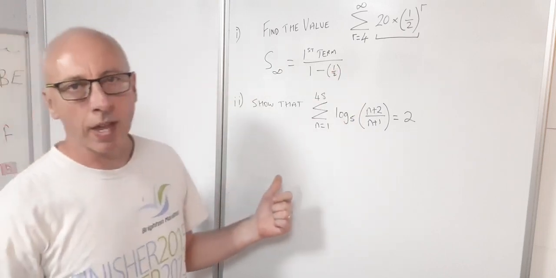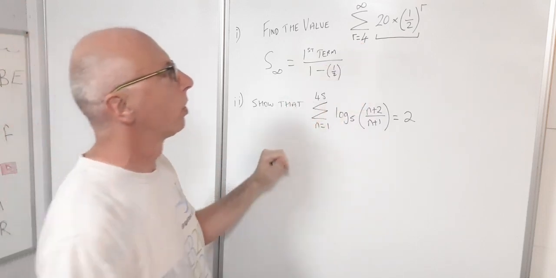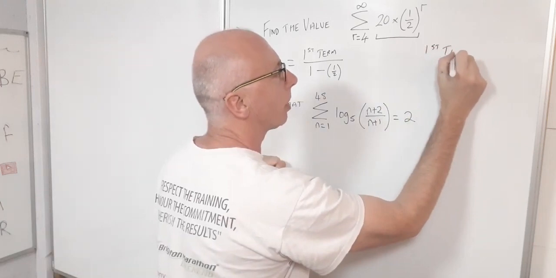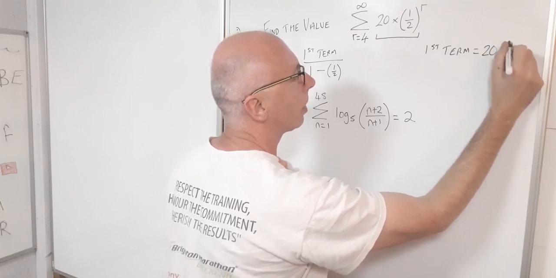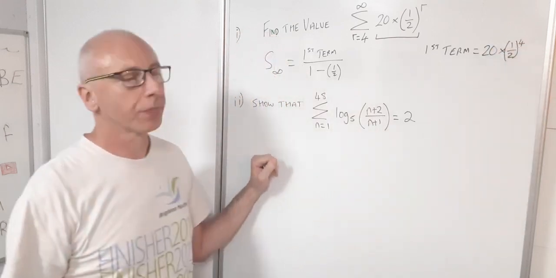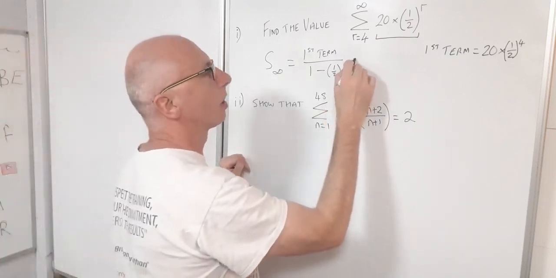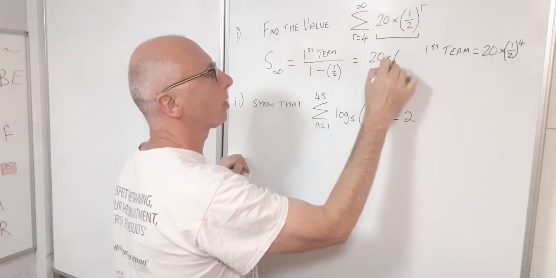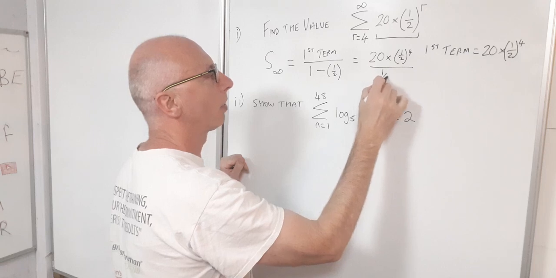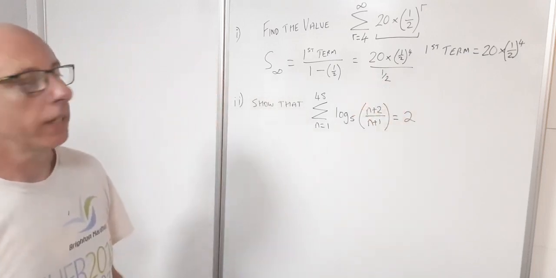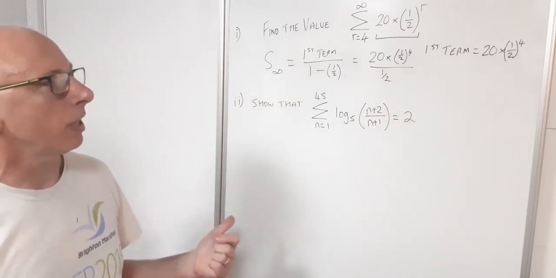So let's work out what that is. Well, the first term is when r equals 4. So my first term equals 20 times 1/2 to the power of 4. So that equals 20 times 1/2 to the power of 4 over 1/2. Now 20 divided by 1/2 gives me 40.